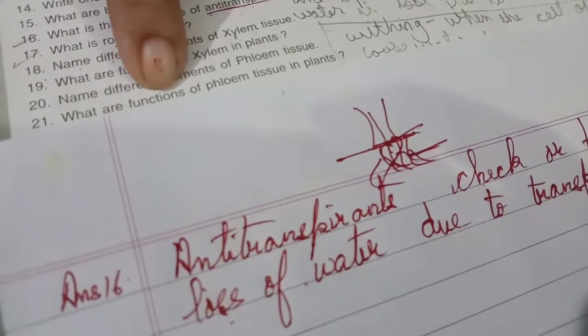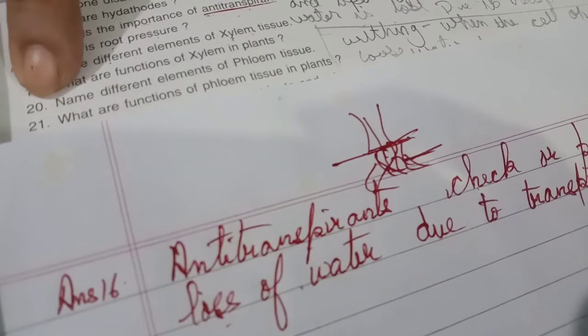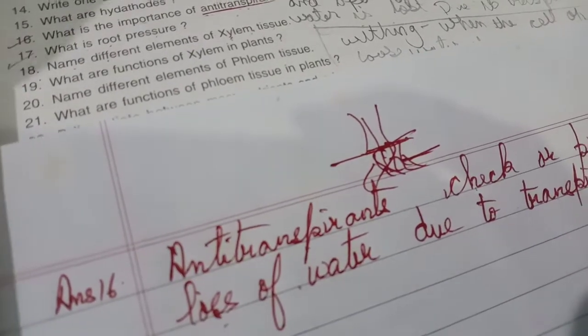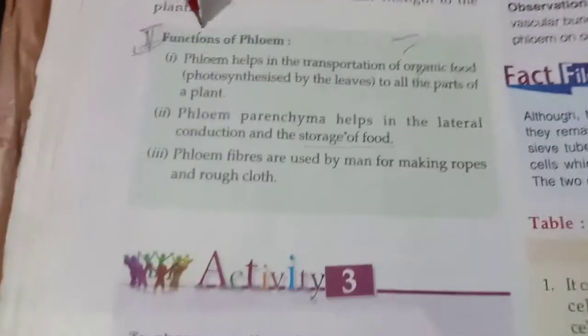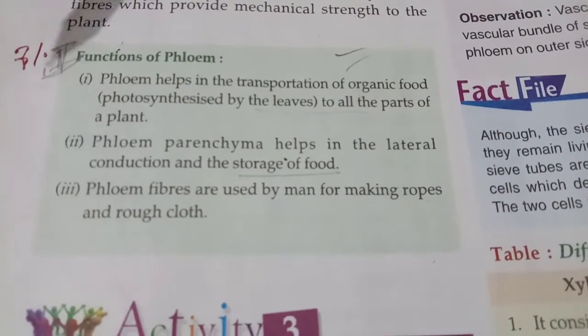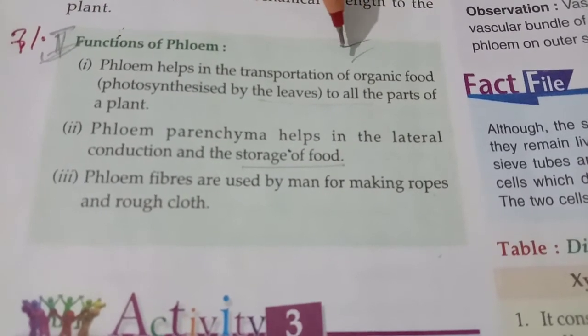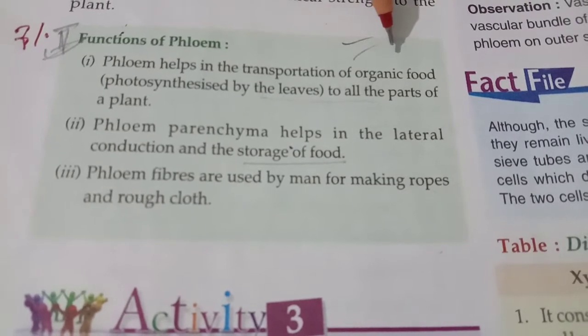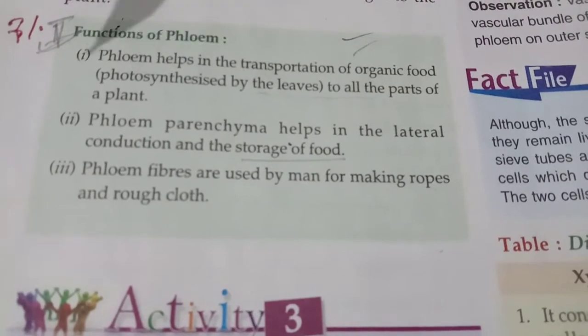What are the functions of phloem tissue in plants? That is question number 21. Clear? You can write in point-wise. Functions of phloem, answer number 21. They help in the transportation, or you can say translocation, of organic food to all the different parts of the plant.